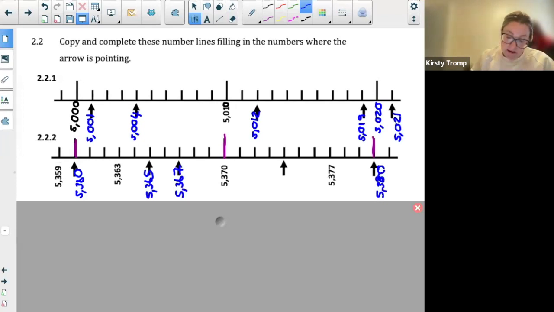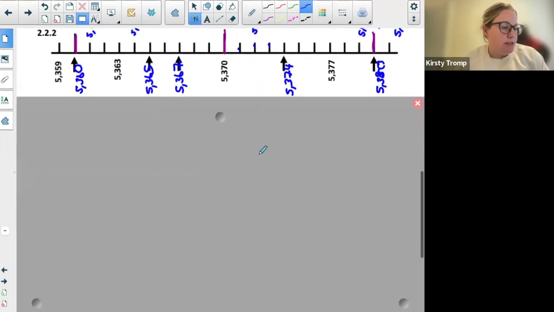Okay. If I go to this last missing arrow, I've got 5.371, 372, 373. This is going to be 5.374. All done. Okay, moving on.